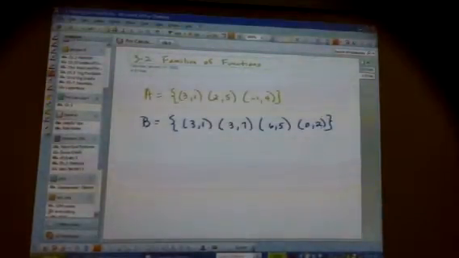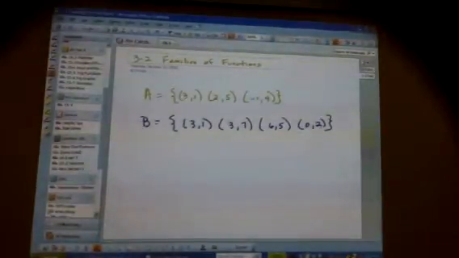Can I say that every x coordinate in this group of ordered pairs has only one y partner? No. 3 has a partner of 1, and then it comes back again and has a partner of 7. This is not a function. This is not an example of a function.